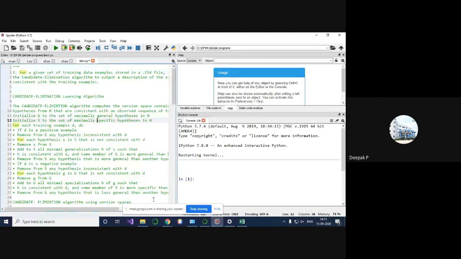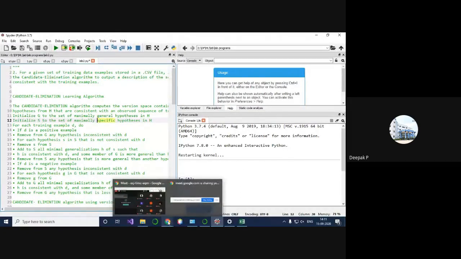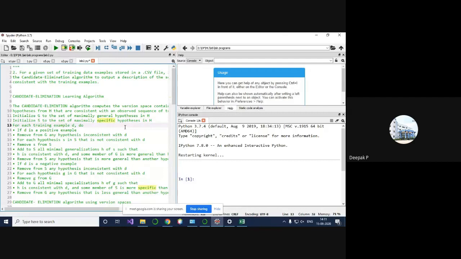So what does our algorithm say? The candidate algorithm mainly computes the version space for generating the hypotheses that are consistent. So how to make sure that the data that is given are consistent? Like in our Find-S algorithm, we used to consider only the positive examples, taking them as the input and giving the specific generalized output for the particular training data set.